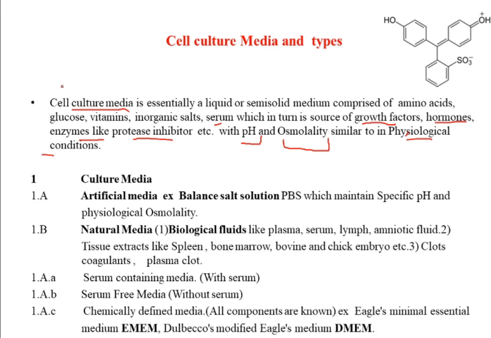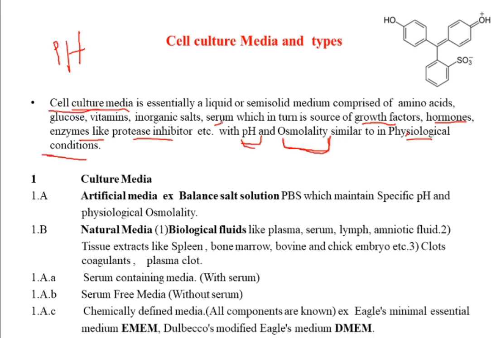So all those things with physiological condition like pH and even the osmolarity, because if you design a media which is not osmolaritically physiological to the cell, then it may cause the denaturation of protein and ultimately the cell will be in stress and cell will not grow. So that is the reason you have to maintain the pH and osmolarity very similar to the conditions of a cell in its original place.